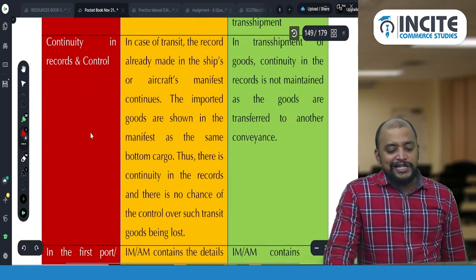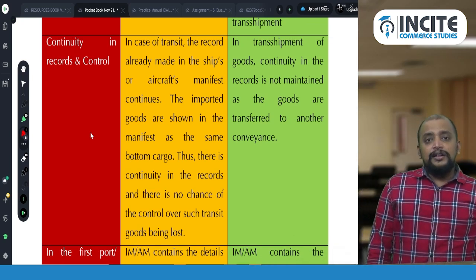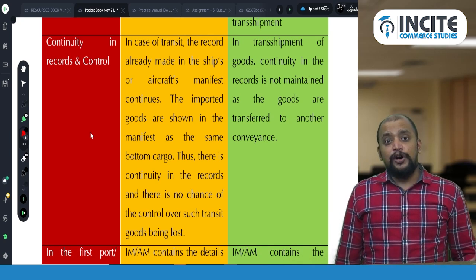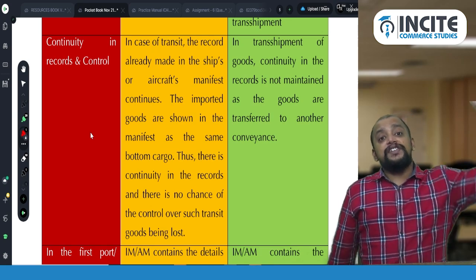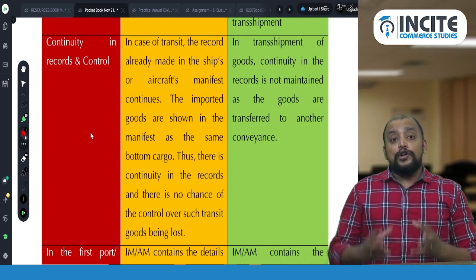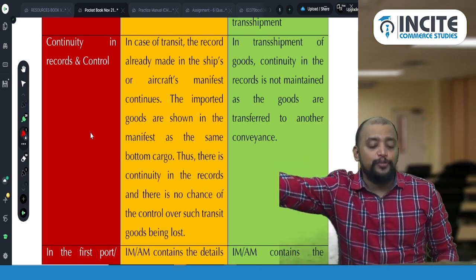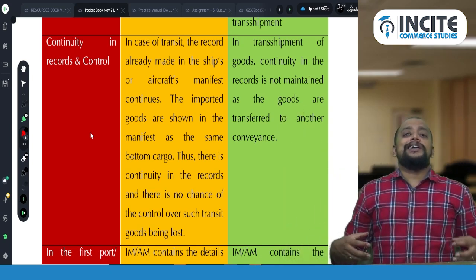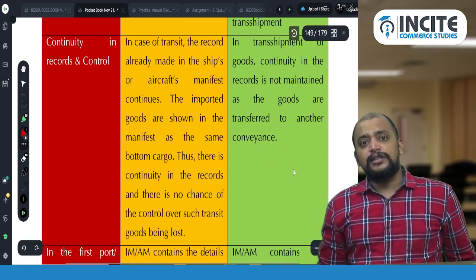And continuity in the records and control. In case of transit, the record already made in the ship or arrival manifest continues. Therefore in the first port, they need to show what are the goods which are for unloading in the subsequent port also. Whereas in transshipment, the continuity of records is not maintained, so a different import manifest needs to be submitted.